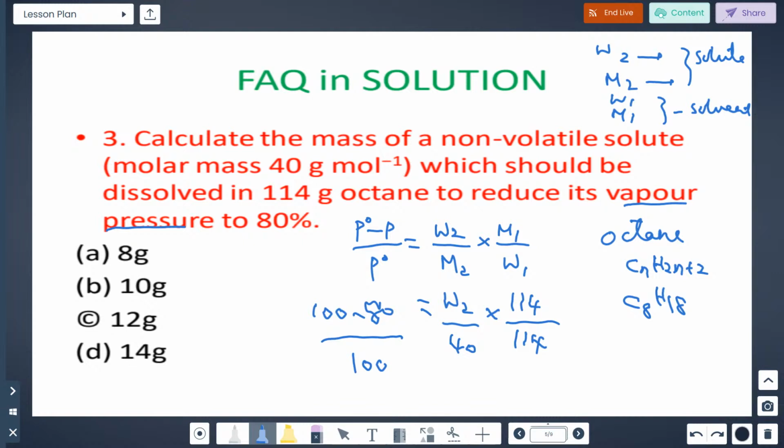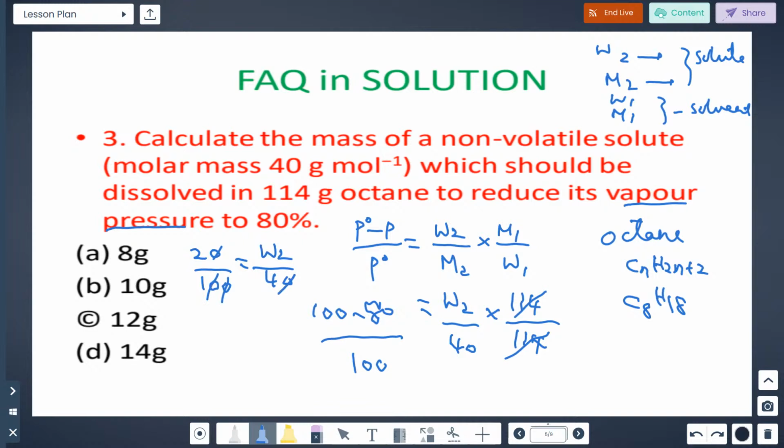The answer will be nearly, no, this will cancel. Okay. Then this will be what? 100 minus 80, 20 by 100. This is equal to W2 by 40. Understood? Okay. Then you cross multiply or simply cancel.